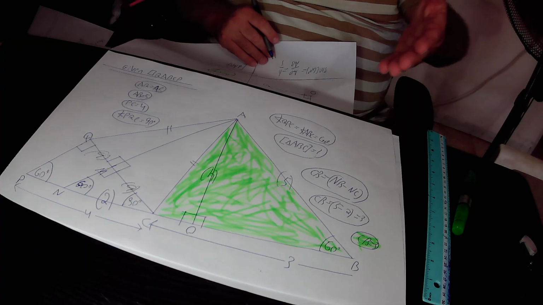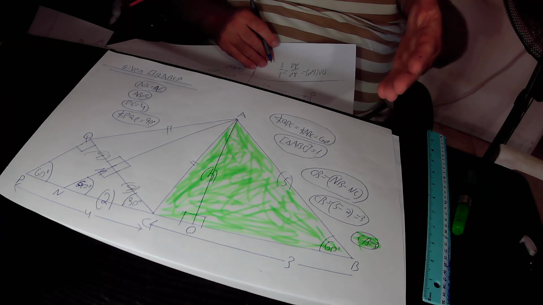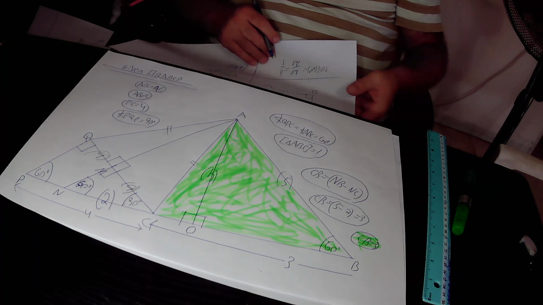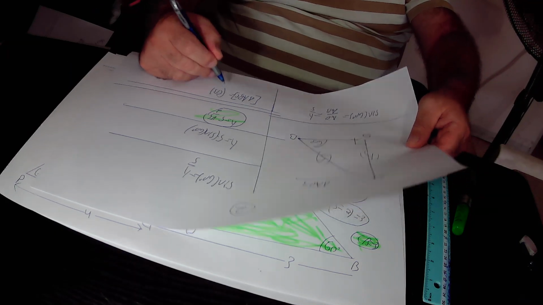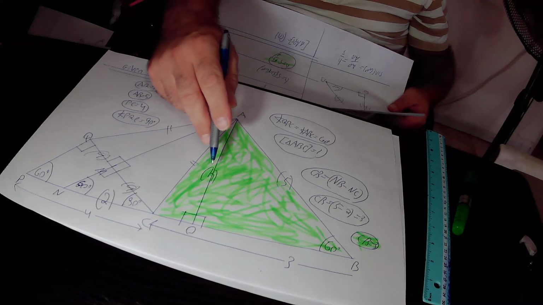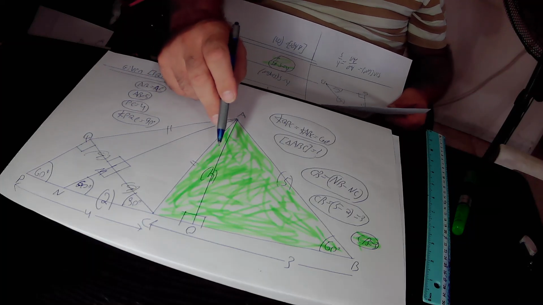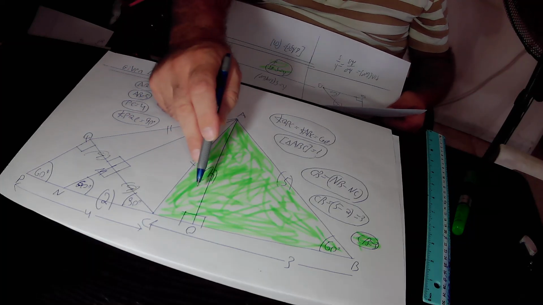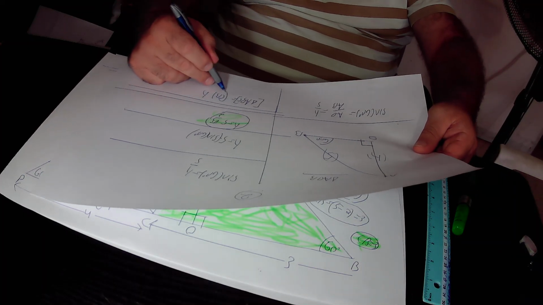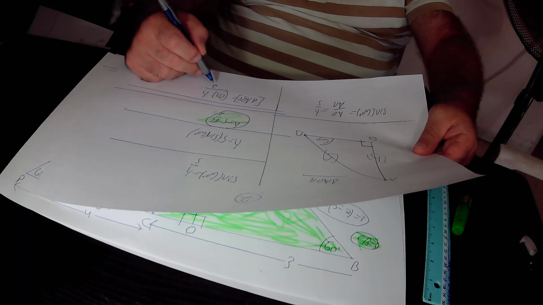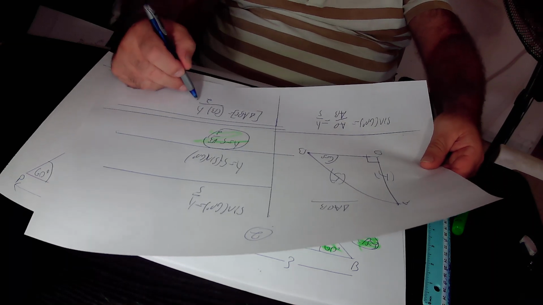We'll choose the base of this green triangle ABC as CB. So it will be the base CB times the height H. Why? Because it creates 90 degrees with the base CB. So in total, the area of triangle ABC equals CB times H over 2.